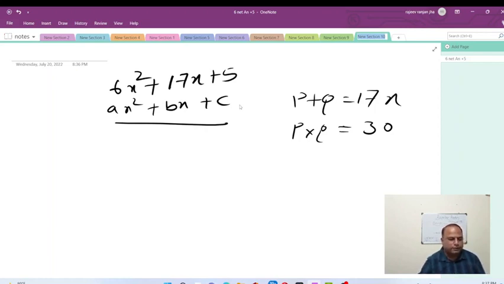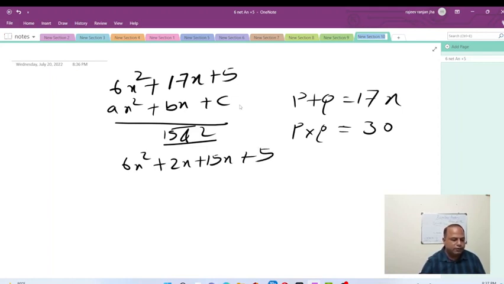So if you split this as 15 and 2, you will get 15 into 2 is 30, and 15x plus 2x is 17x. So split it like this: 6x squared plus 2x plus 15x plus 5. Now you take 2x as common, you get 3x plus 1.